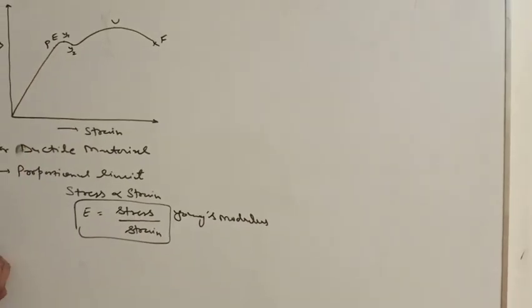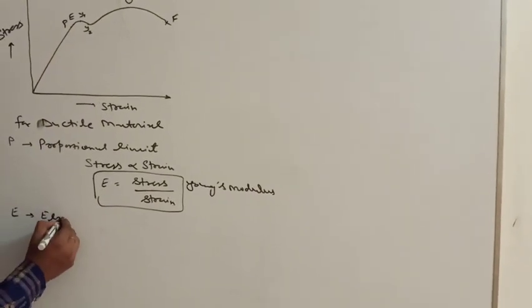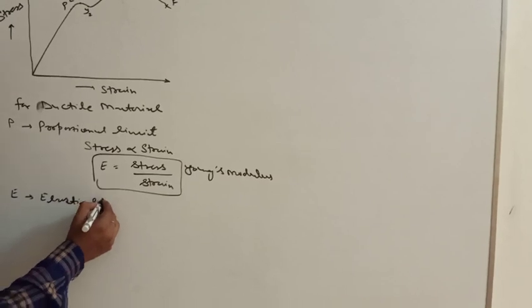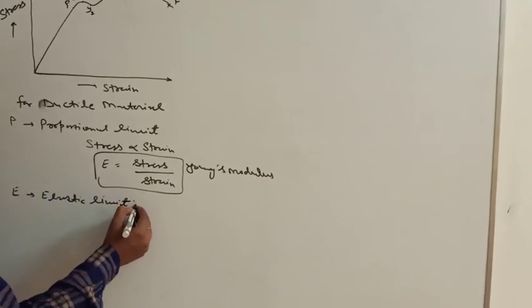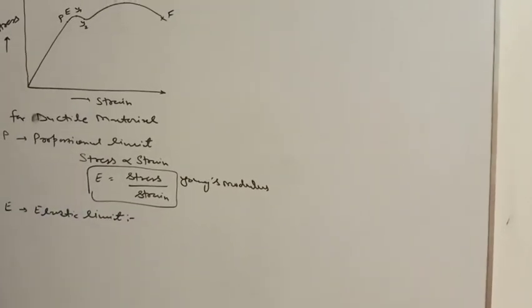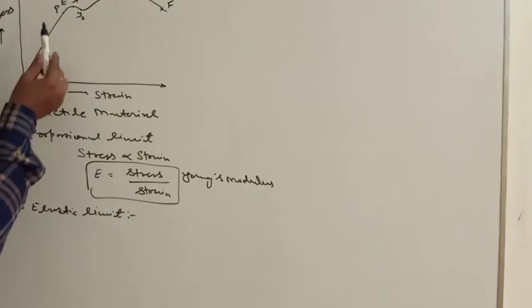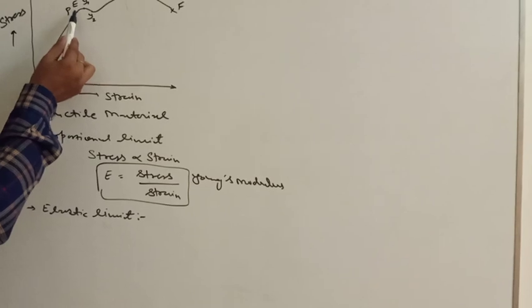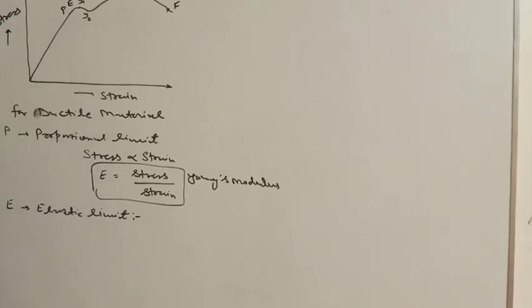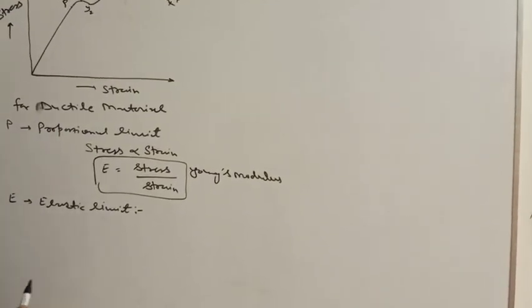Next is the elastic limit. In this elastic limit, if we load the material, there is a deformation in the material, and if we unload the material, then the material regains its original shape.